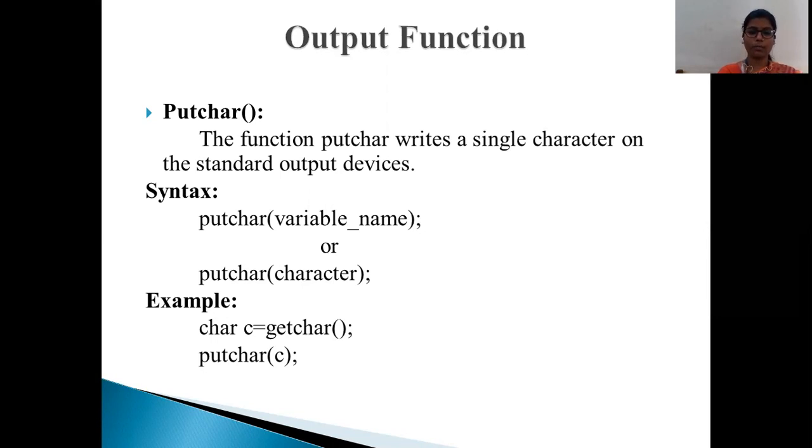Let us see the example. Here we define data type and name of the variable. Data type is char and name of the variable is c, is equal to getchar. To print some data on output, the first step is to take input from the user, so here I use the getchar function, which is an input function for characters, to take input from the user.